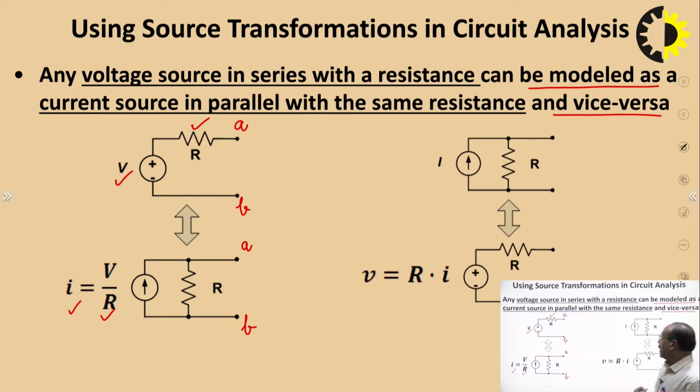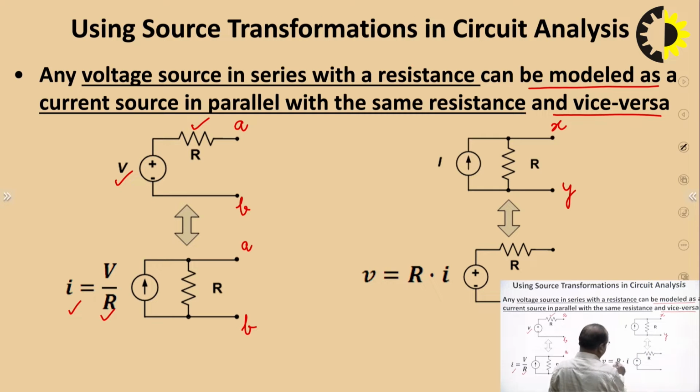Similarly, if a current source is there which is having a current I and it is having internal resistance R connected in parallel, then suppose this is connected across the terminals X and Y. Then if we convert it to the equivalent voltage source, the voltage of the voltage source will be given by the current I of the current source into the internal resistance R of the current source.